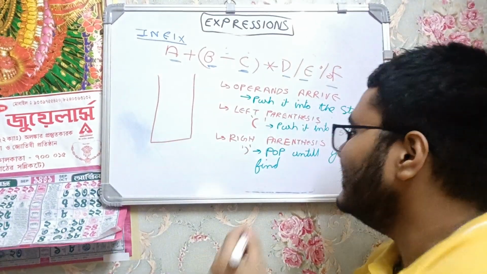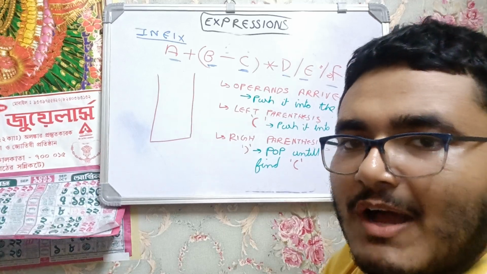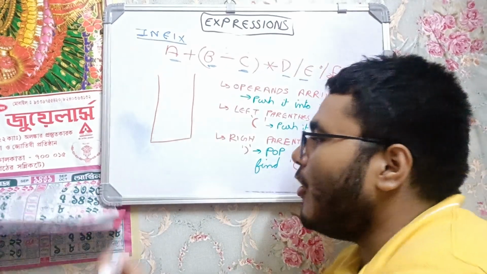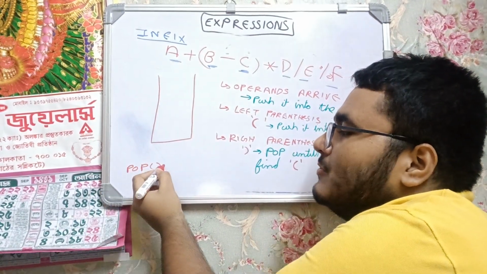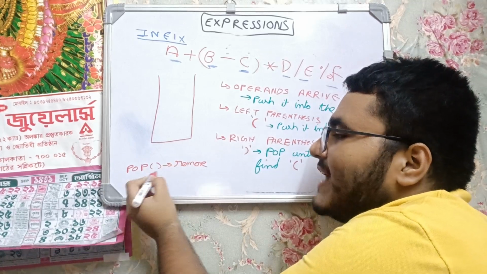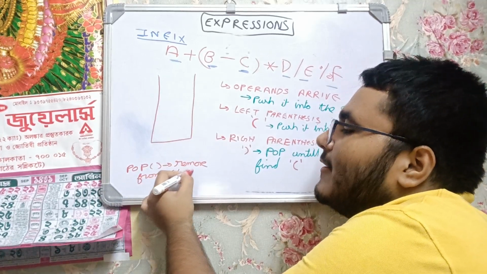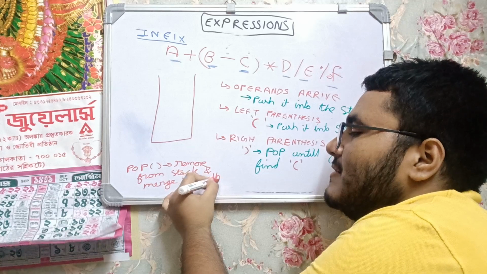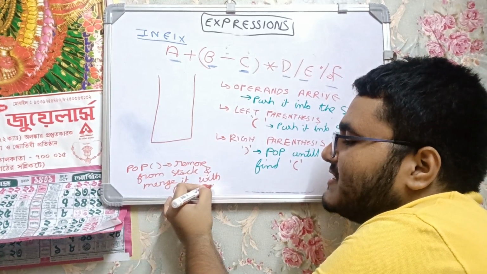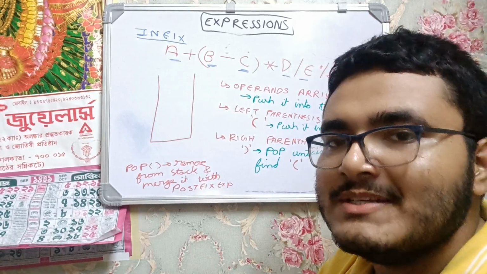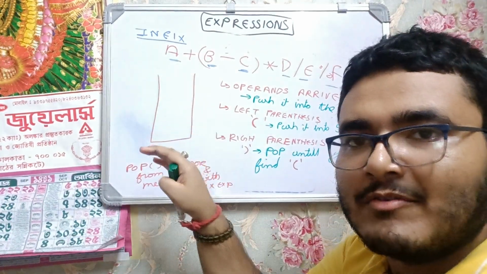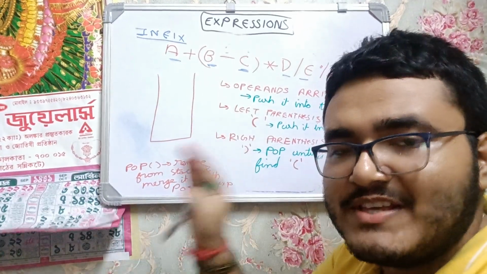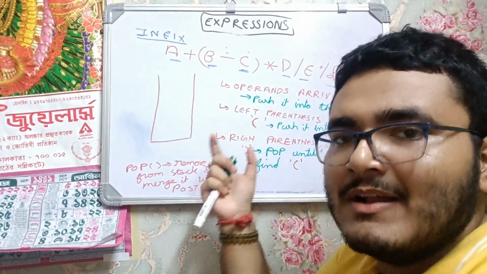Pop until you find the left parenthesis. Keep deleting whatever is in the stack until then. And note down one thing here: popping means removing from the stack and merging it with the postfix expression. Here popping out means just pop it out from the stack, I mean delete from the stack, but at the same time throw it into the postfix expression. We will be simultaneously writing the postfix expression.